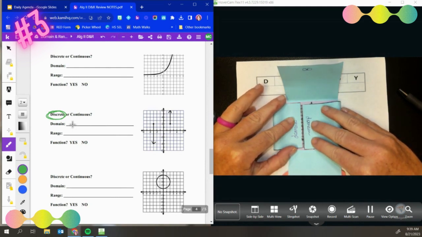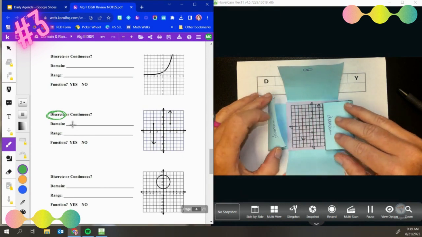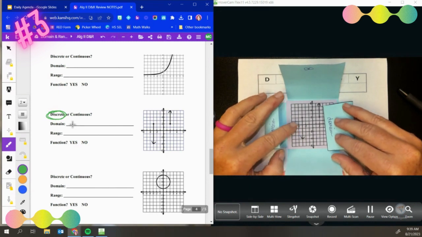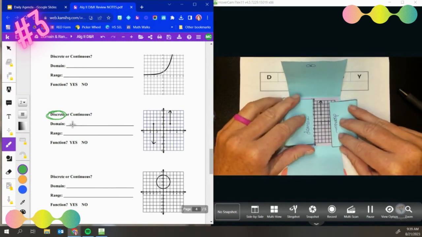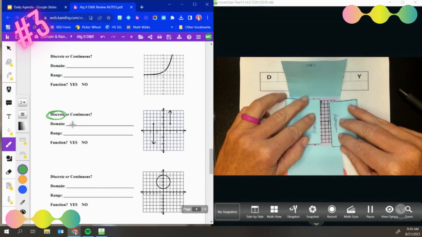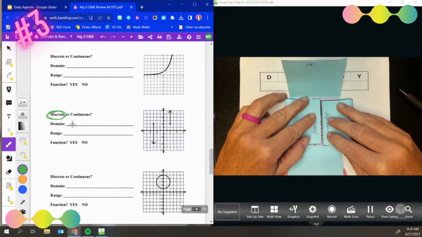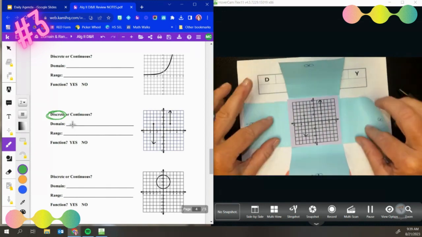But now I'm bringing the domain window over. It looked like we stopped that domain window at -3 on both sides, right? So the only x value that's being used is -3. Sorry, -3. Goodness. All right, so then we look at the other part of the graph, and I'm only using a 2 on the other part of the graph.